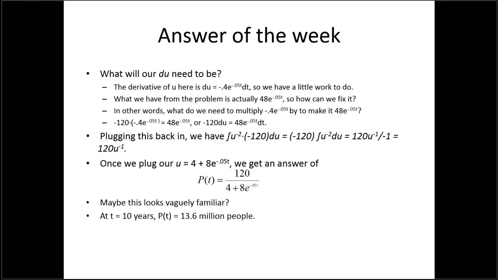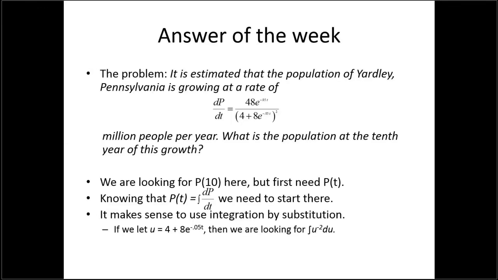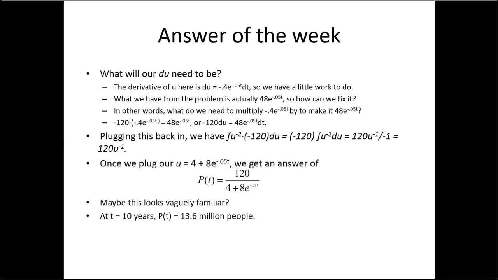Sorry, I missed a minus sign there in the second to last step. But the answer is going to be 120 times u to the negative 1. And if you remember what we defined u as, we said u is 4 plus 8e to the negative 0.05t. So the answer is 120 times u to the negative 1, which is 120 divided by u. We get 120 divided by 4 plus 8e to the negative 0.05t, which, if you remember from two lectures ago, was exactly where we started from.